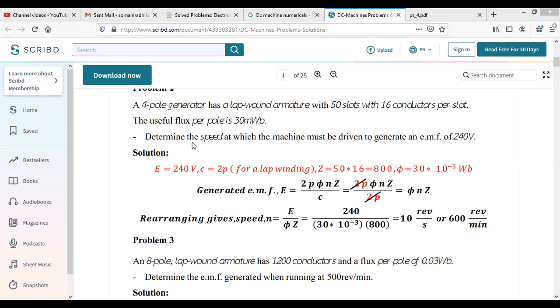So here they have asked to determine the speed at which the machine must be driven to generate an EMF of 240 volt. So here we can take the given voltage E equal to 240 volt. They have given 4 pole, so we are considering a 4 pole generator, like the one we solved first.